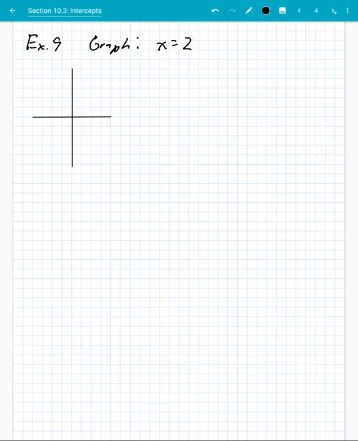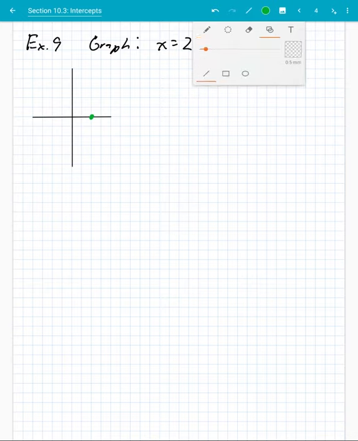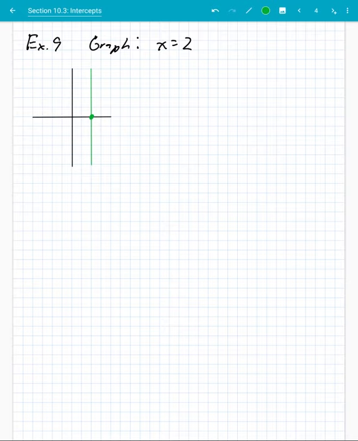You can put a dot at x is equal to 2, and you just got to do a vertical line right there. Do a vertical line through it, and that's your answer. That's all there is to it. So remember, if it's x equals c, that would be a vertical line. That's what we learned last time.